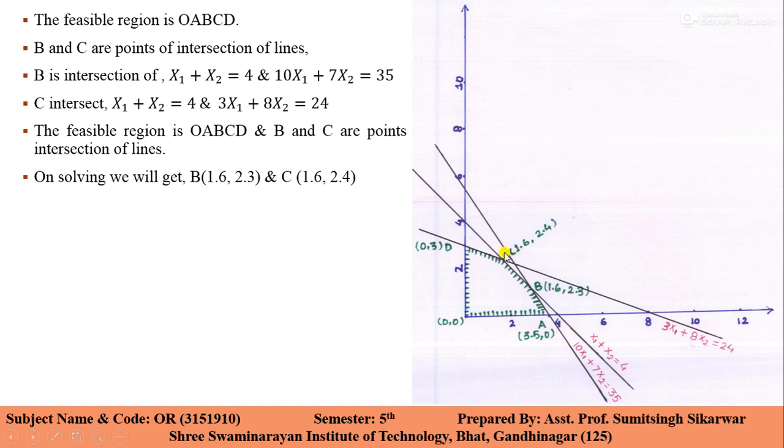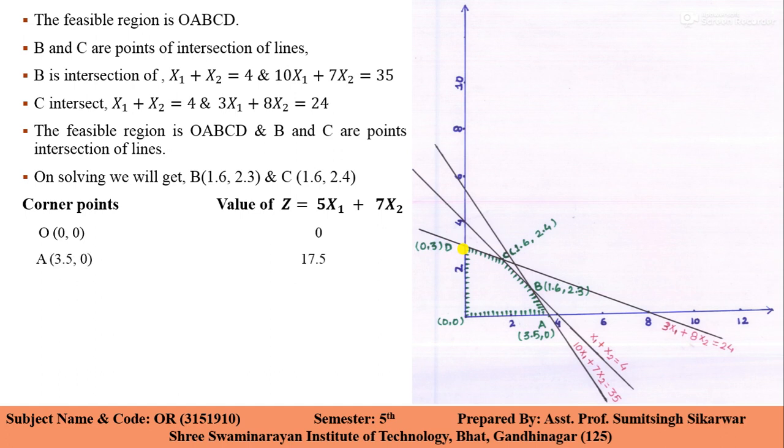Now let us place all those corner points in our objective function z = 5x1 + 7x2. We have a total of 5 points, O, A, B, C and D, for which we need to place the values, and we'll have different solutions for that.